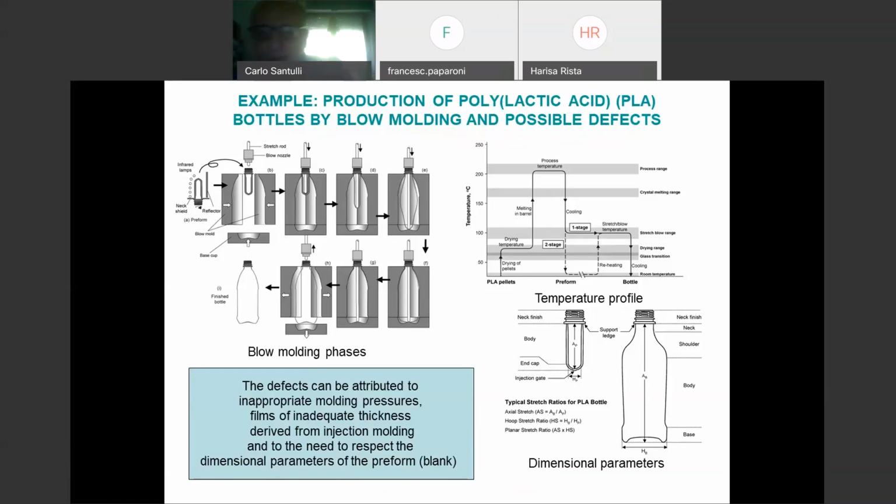Then you cool down. What is not represented here are the times. Of course, cooling is not instantaneous, but then you cool them to the temperature at which you blow them. You are able to blow them in a sort of softened form. Then you cool them again, and you have to pass the glass transition.